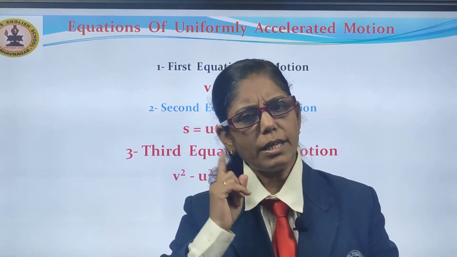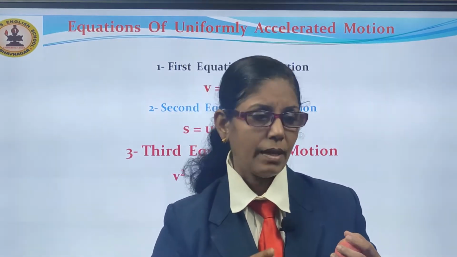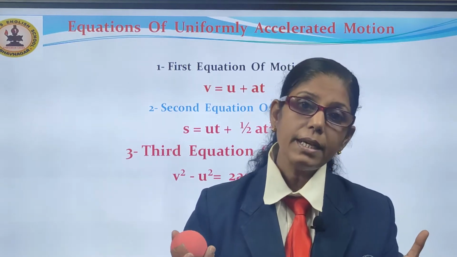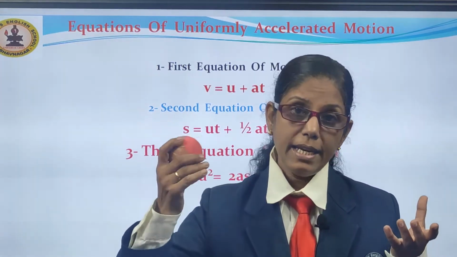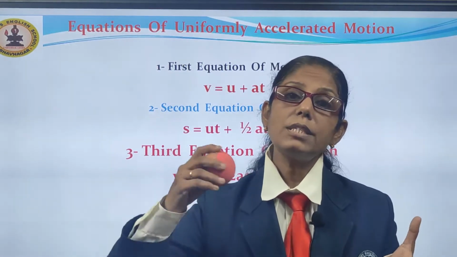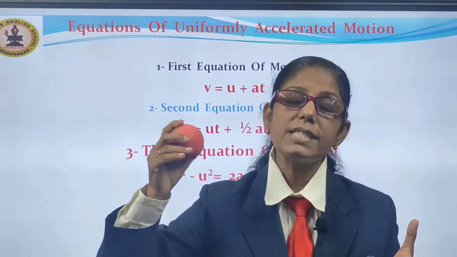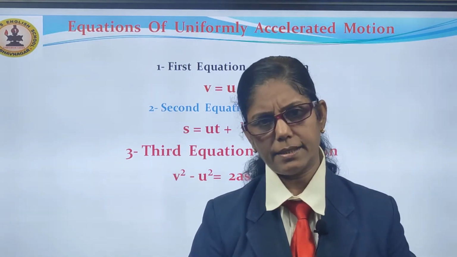Are you remembering what is a uniformly accelerated motion? Yes, in a uniformly accelerated motion, the change in velocity is constant every time. Otherwise, the velocity of the body gradually increases. Then we say that the body is uniformly accelerated.